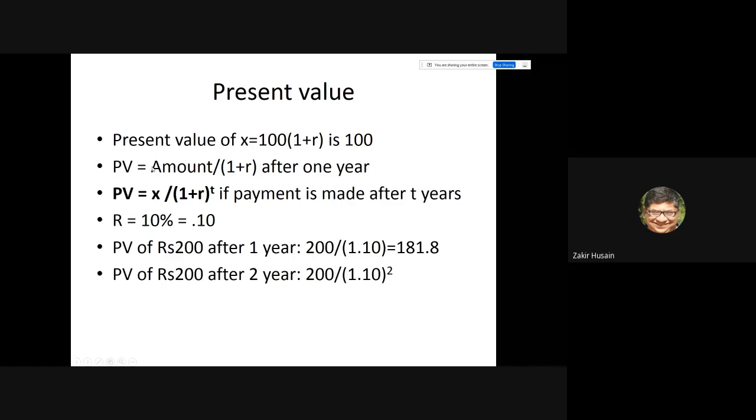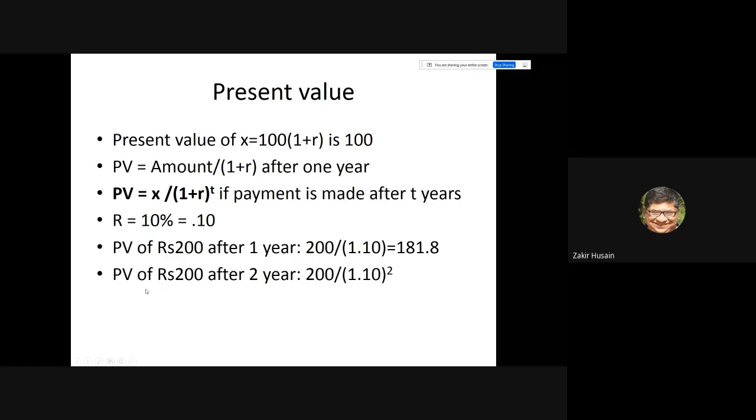R is the rate of interest. Now suppose the payment is made after 10 years or after T years. In that case, it will be X divided by 1 plus R to the power T.